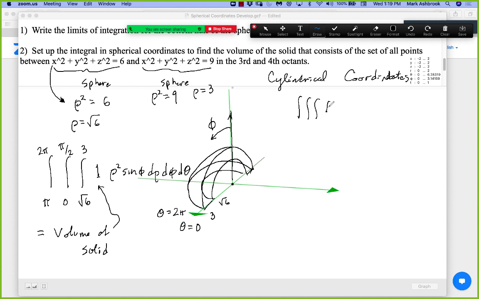We got our function, and what's our dv in cylindrical coordinates? Remember what dv is? r dz dr d theta. Yeah, r, and then there's a z in there too. So we're going to go what? Bottom surface to top surface. It's going to be our dz. And then we project into the horizontal plane, the xy plane, and do polar.